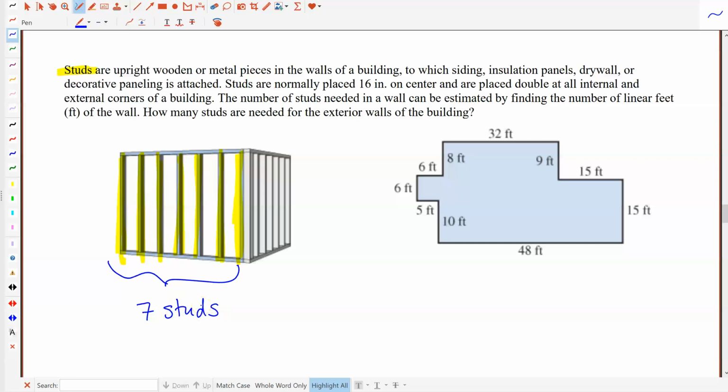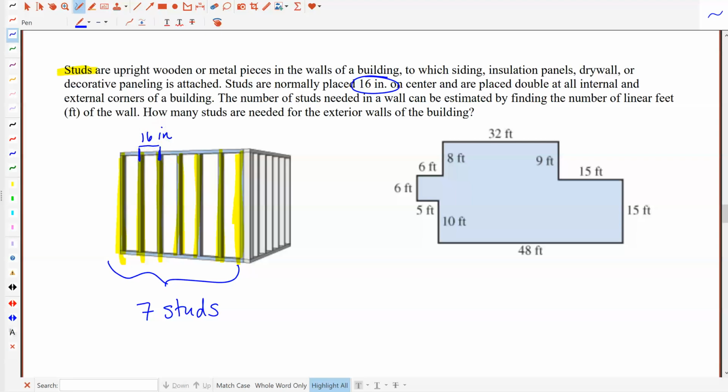Now, when they were talking about placing them 16 inches on center, just in case you're not familiar with it, we don't really need to know what that means to answer this question, but if you're getting a little distracted by that, what that's saying is that from the center of this stud right here to the center of this stud right here, that distance is 16 inches.